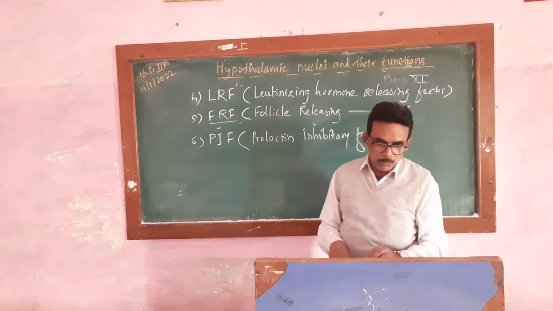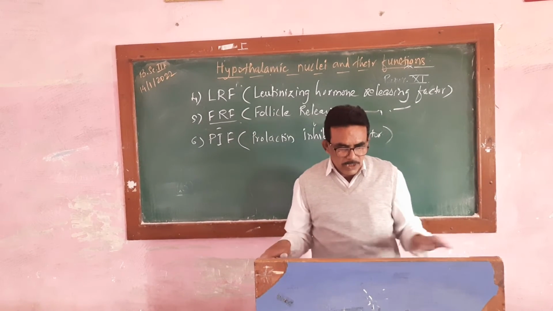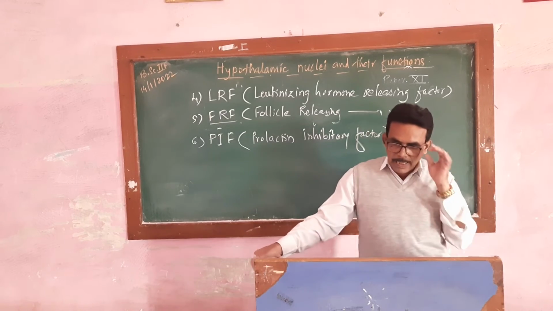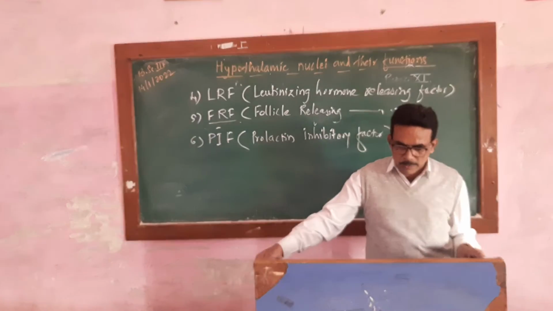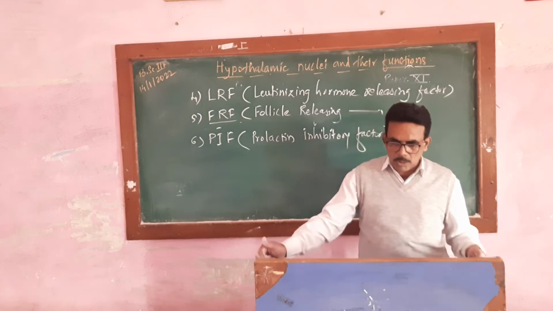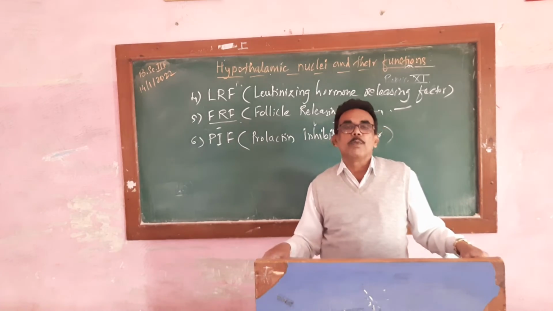the particular type of hormone. And these secretions of the hormones by the anterior lobe of the pituitary are under the control of neurohormones from the hypothalamus.